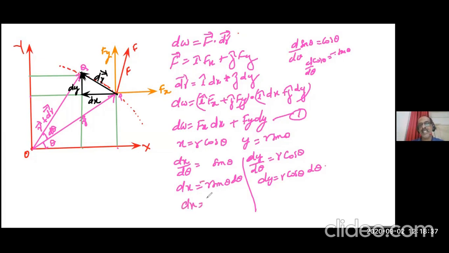Then dx is equal to minus r sin theta, which is y. So y d theta will come here. R sin theta is y. So dx is minus y d theta.